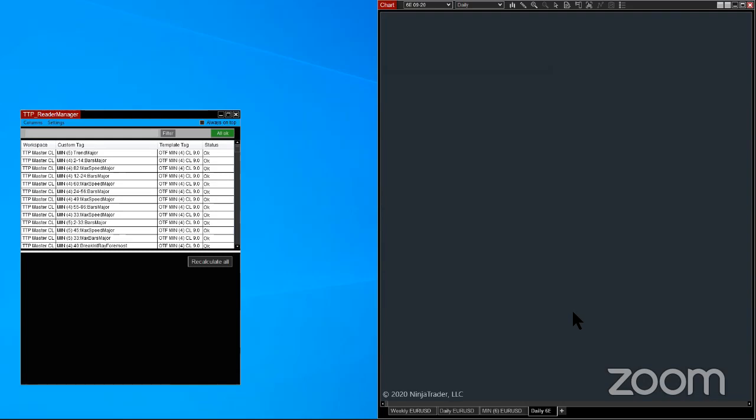But yeah, essentially Kinetic is IQ feed, but it runs through Ninja servers. And that's where you can run into some issues, especially on rollover day. That's why you'll see rollover day looks really bizarre when you're using Kinetic.